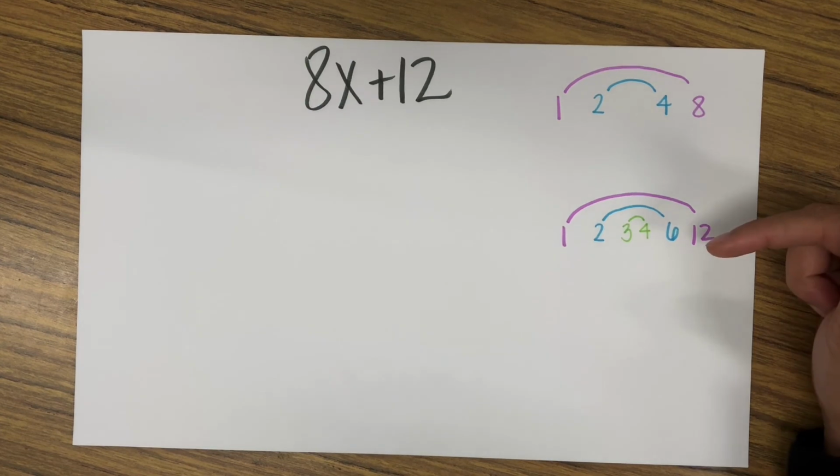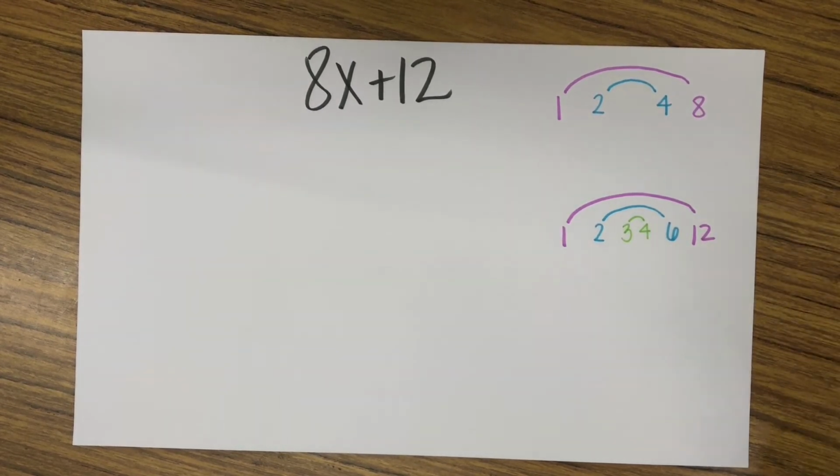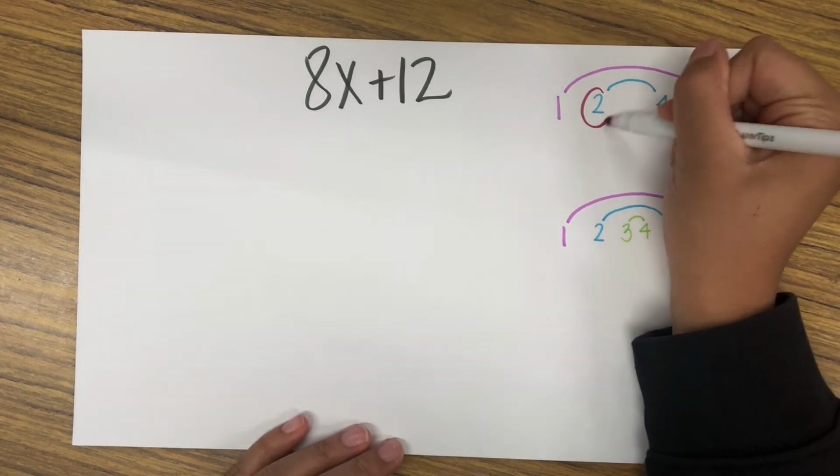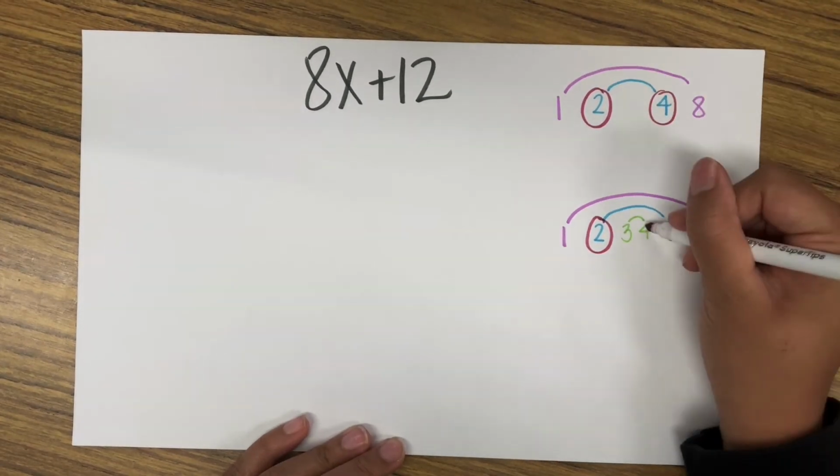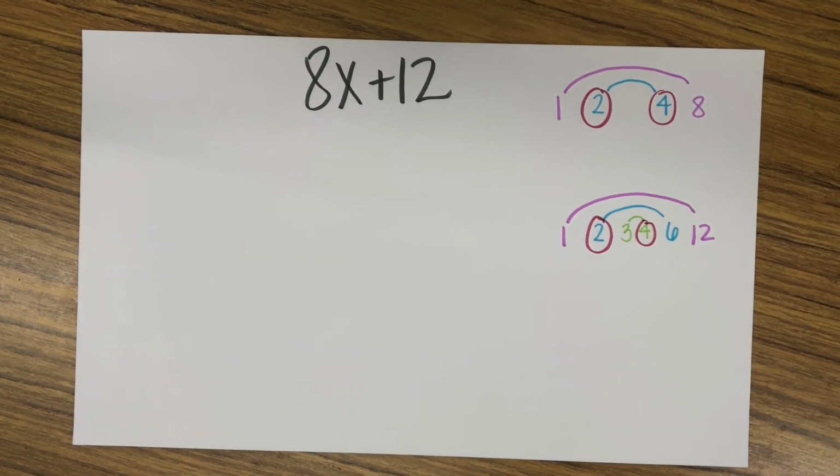Now, if I'm looking at my factor rainbows, I can see that there are 2 numbers in common here, 2 and 4. Therefore, either one of those numbers would work for finding an equivalent equation.